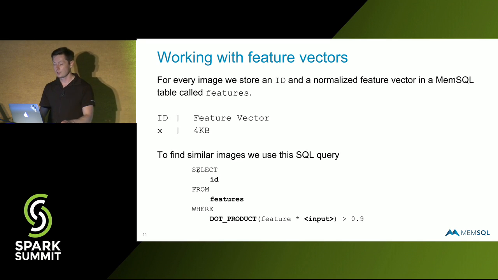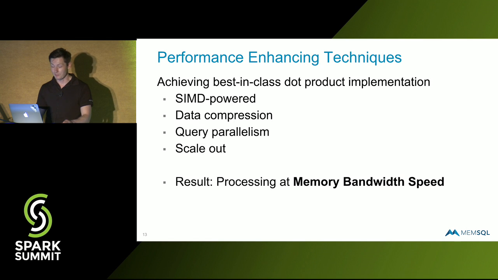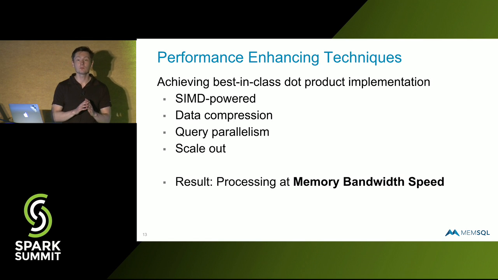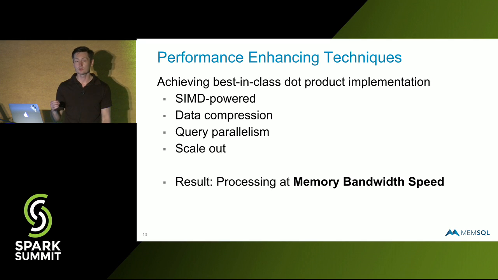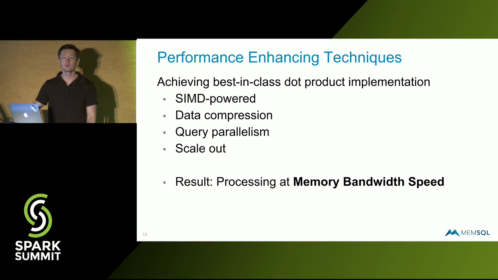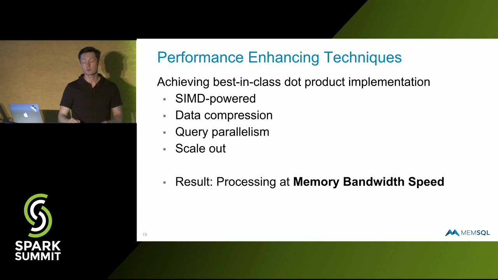Well, that's where we can do some math. First of all, let's implement dot product as fast as we can possibly do, with a so-called SIMD-powered implementation of dot product. Who knows what SIMD is? Okay, some people. SIMD stands for single instruction, multiple data.